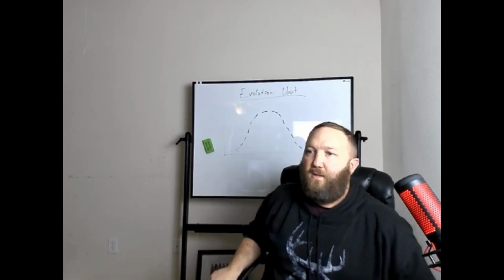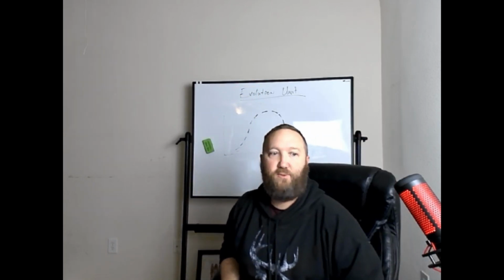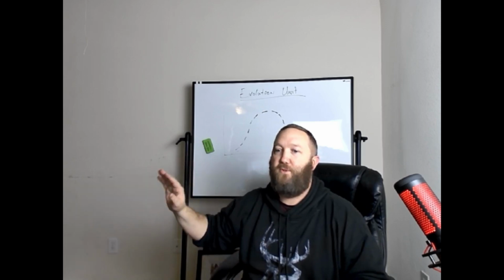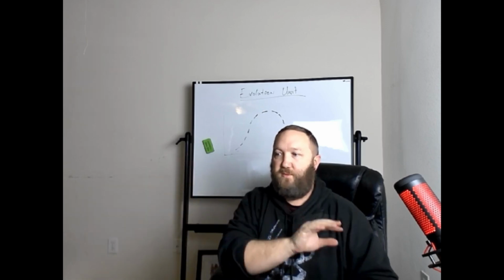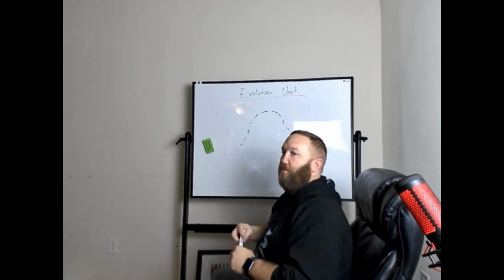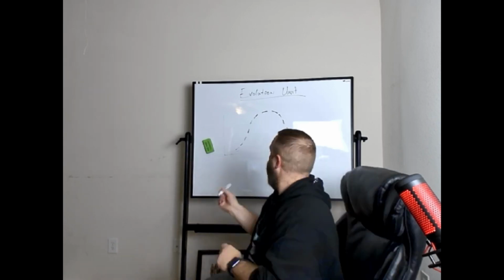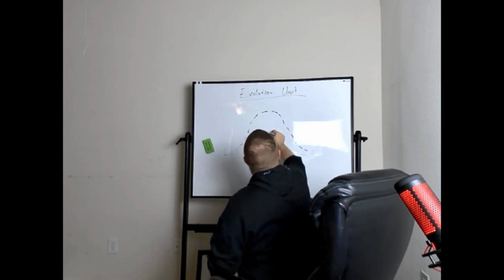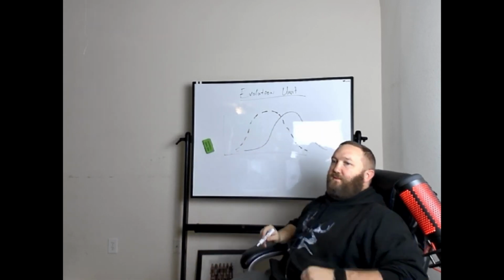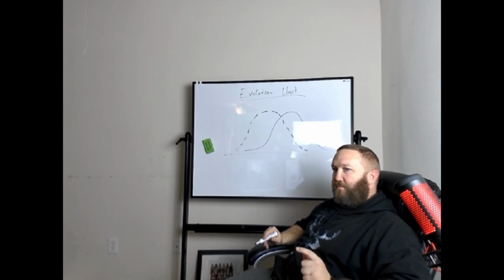Next one is directional. So this one will adjust to either one extreme or the other. So either it will shift to the right or the left. This is what your directional looks like.